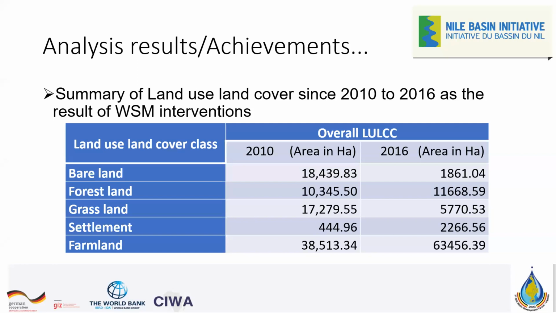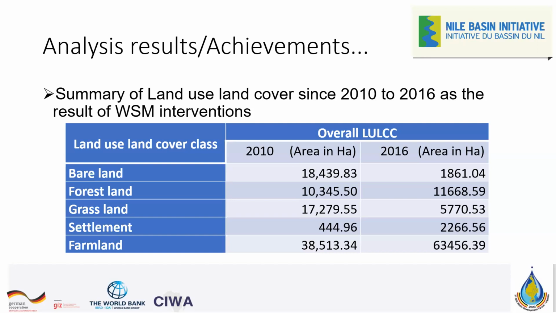Settlement increased from 444,000 to 2,000 because the community has got income due to this project intervention, and some of the people who are really in the rural areas joined cities around, and villages were created as a result of this project intervention.